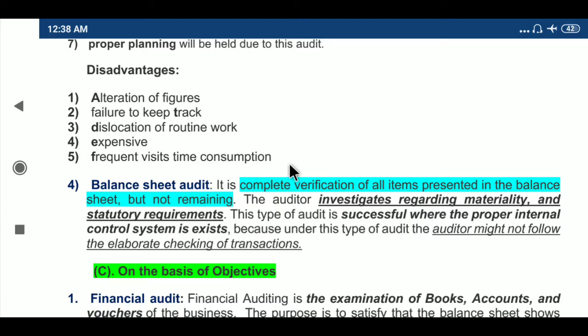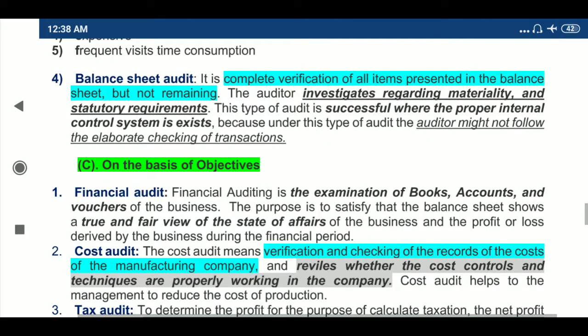Next, fourth type of audit is balance sheet audit. It is complete verification of all items presented in the balance sheet but not the remaining. The auditor investigates regarding materiality and statutory requirements.